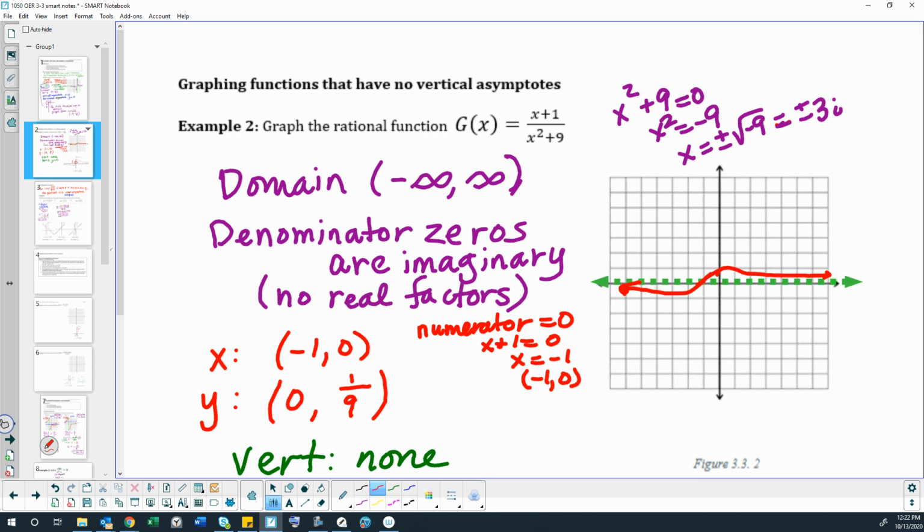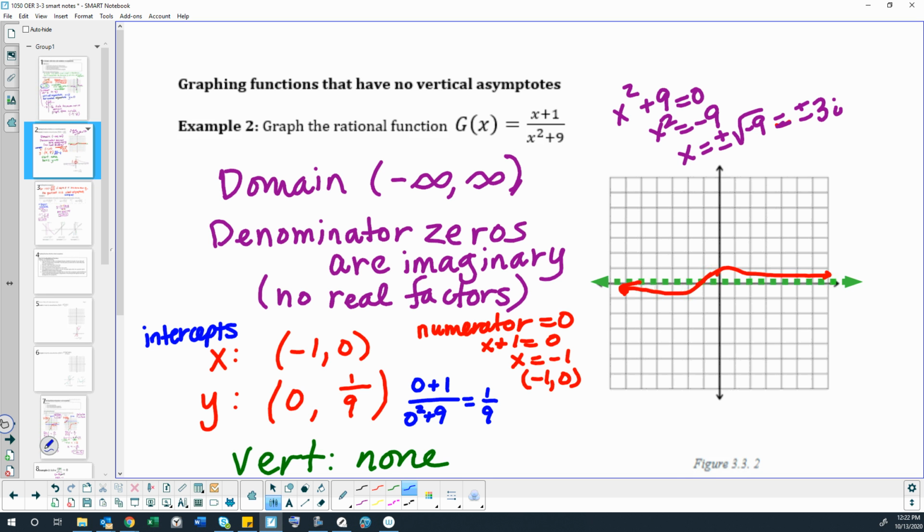And then for the y-intercept, we are plugging in 0 for x. So we have (0 plus 1) over (0 squared plus 9), which leaves us with 1/9, which is how we get this y-intercept, correct? So these are the intercepts. There's my work to prove them.